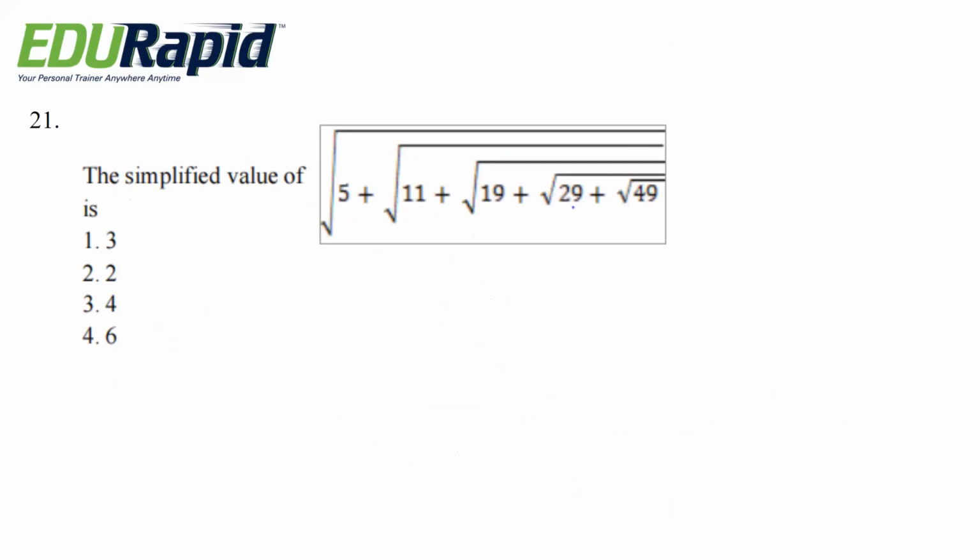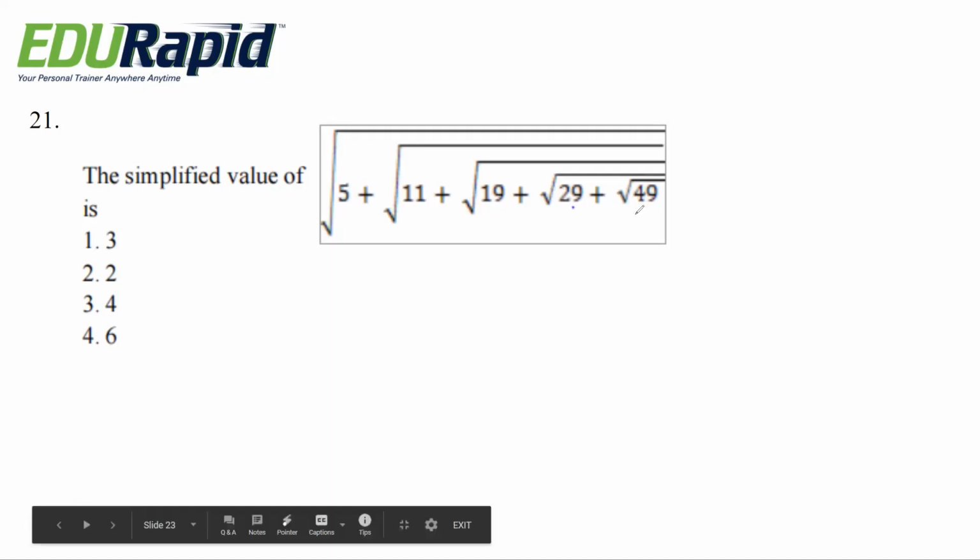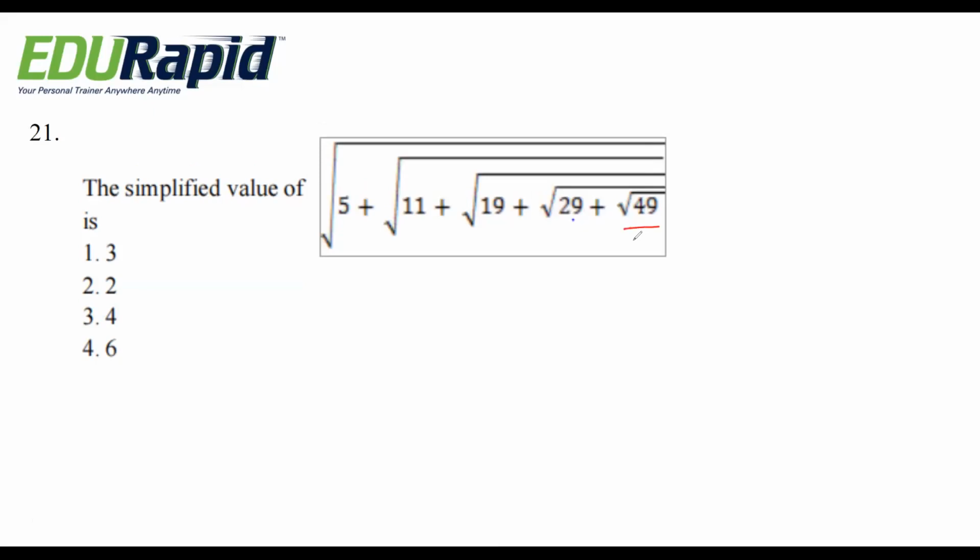Here also it looks like a big equation, but if you calculate the numbers in mind, it will be very easy. Square root of 49 means 7. 7 plus 29 is 36. Square root of 36 is 6.